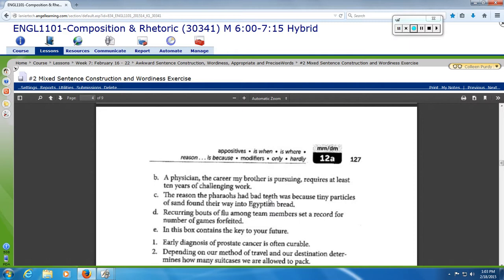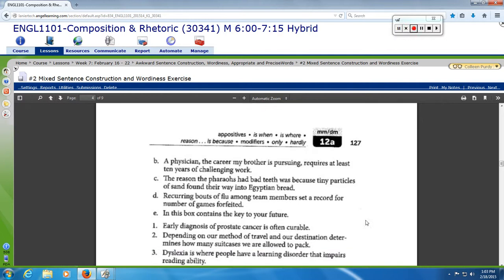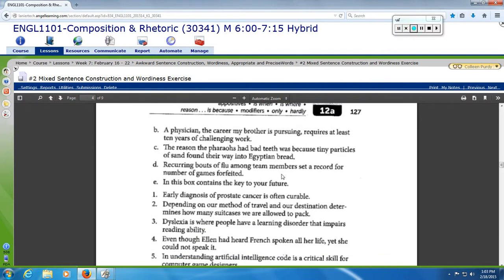"The reason the pharaohs had bad teeth was because tiny particles of sand found their way into Egyptian bread." The reason is not necessary. Go ahead and just state, the pharaohs had bad teeth because tiny particles of sand found their way into Egyptian bread. "Recurring bouts of flu among team members set a record for the number of games forfeited." Okay, so recurring bouts is your subject here.